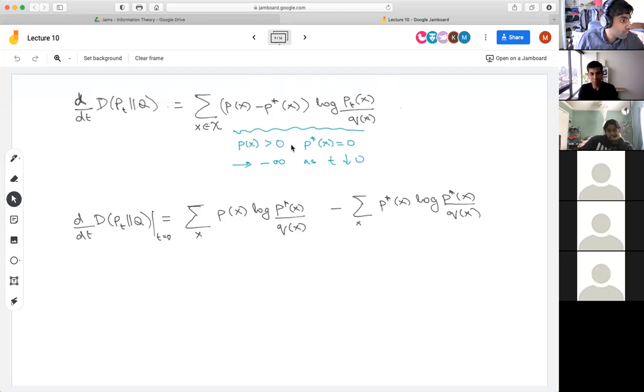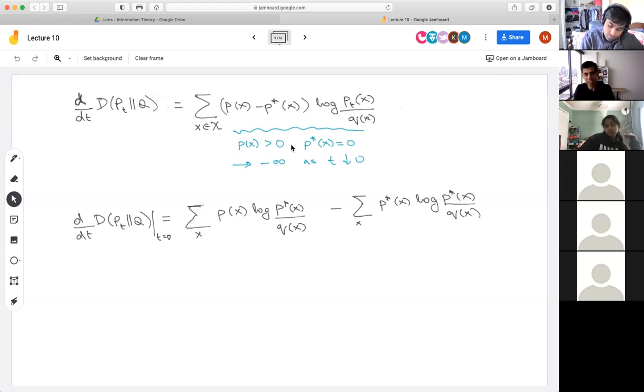Suppose there is some x where the probability according to p is greater than 0, but it's not in the support of p star, which means p star of x is equal to 0. Then for such an x, we look at the contribution to the derivative. The coefficient will be positive. It will be p of x minus p star of x, which will be some positive number.